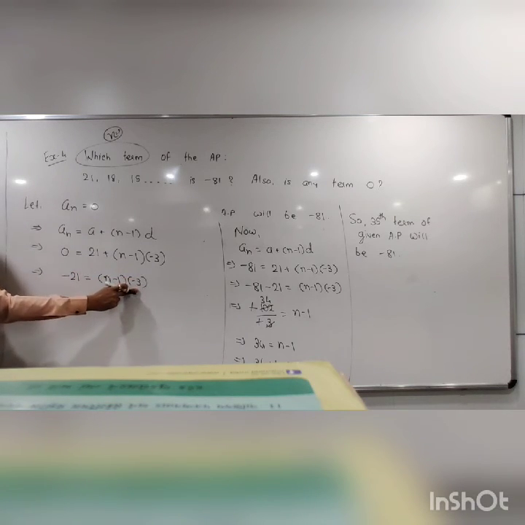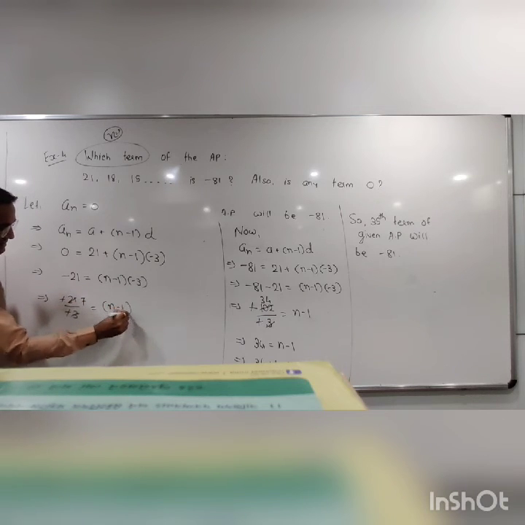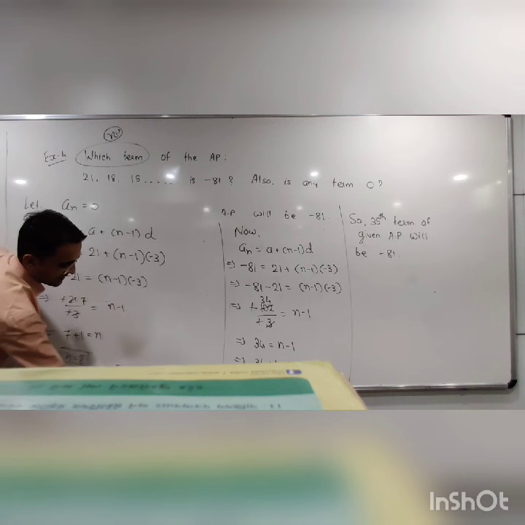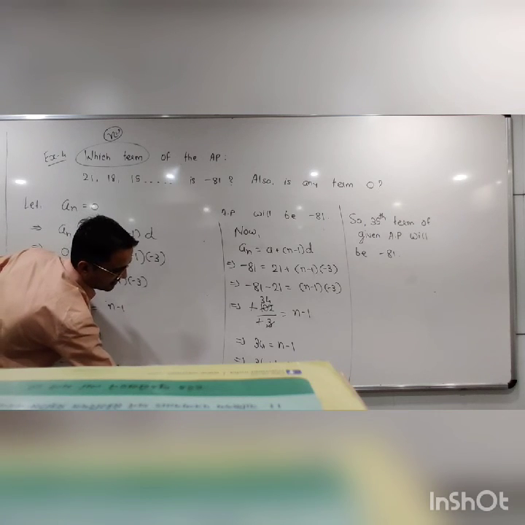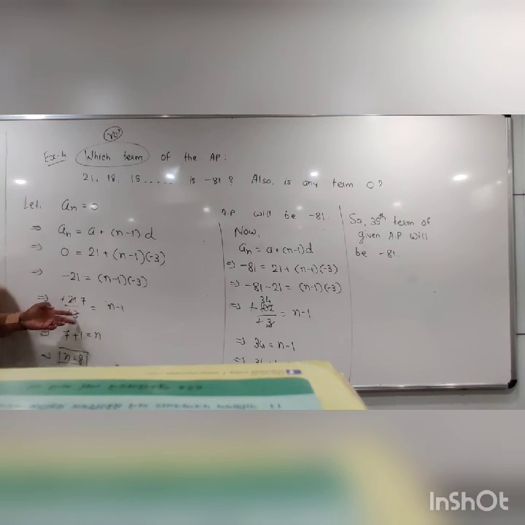This is in multiply, this will come this side, 3 7s are 21. This minus 1 will come this side, so it will become plus. n is equal to 8. So 8th term of an AP will be 0.